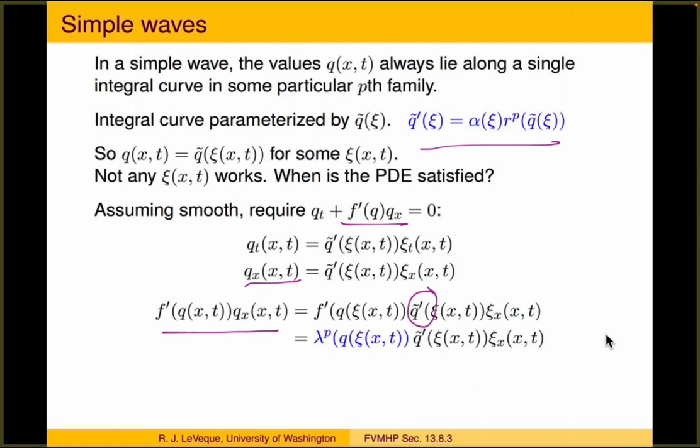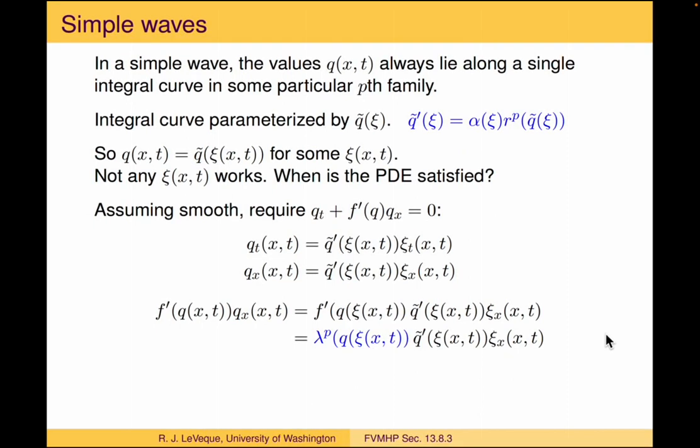That's what defines these integral curves. And so because q tilde prime is a scalar multiple of an eigenvector, when we multiply that vector by f prime, that is an eigenvector, so that reduces to just the eigenvalue lambda p times whatever that eigenvector is. So that allows us to take this matrix times vector and turn it into just a scalar times a vector.